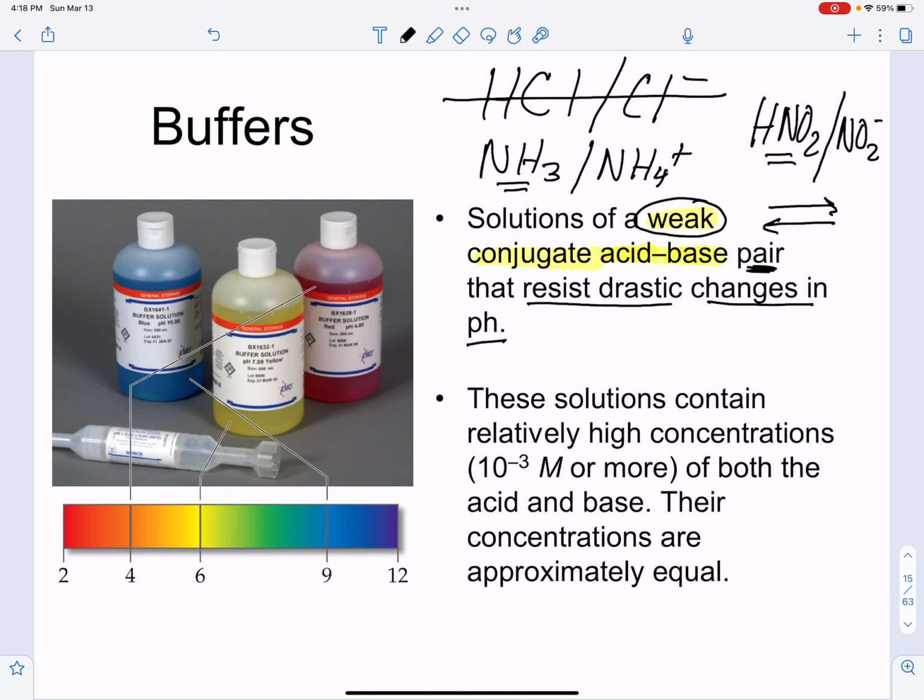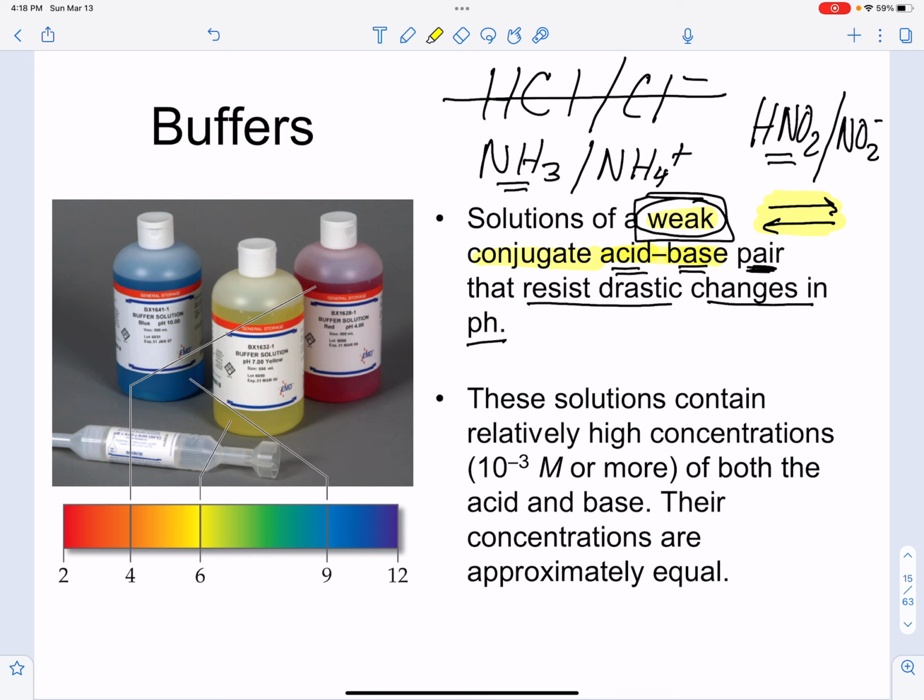So it has to be a conjugate acid-base pair. It could be the base with the conjugate acid or the acid with the conjugate base, but they have to come from a weak system. So you have to know your strong acids and your strong bases so you can discard those. And it has to be, therefore, because it's a weak system, an equilibrium system.